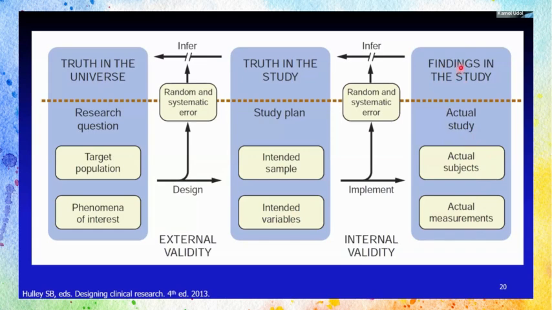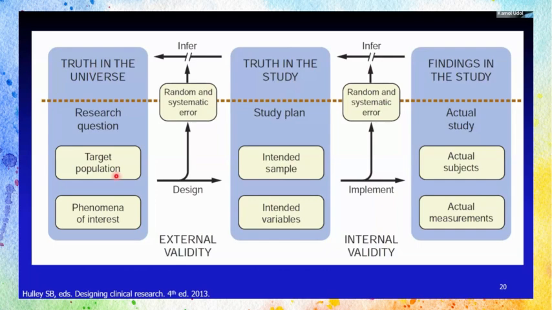So this finding, we hope it represents some truth. From this finding, we infer that it would represent the truth in the study. And the truth in the study would represent the truth in the population or the truth in the universe.